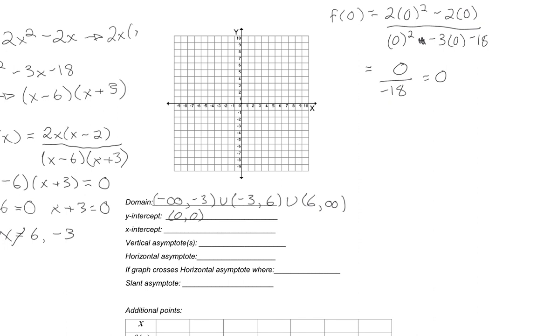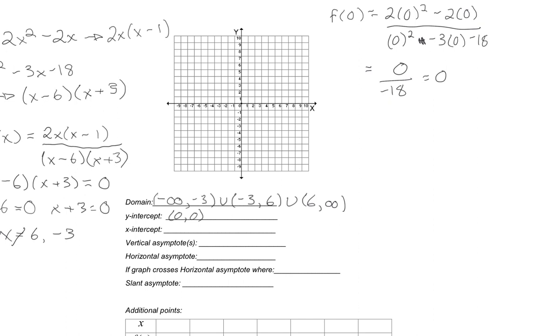That's not actually right. Let me fix that. It should be 2x times x minus 1. My apologies. So I'll also fix that down here. Okay, but that shouldn't affect anything as long as I fixed it there.